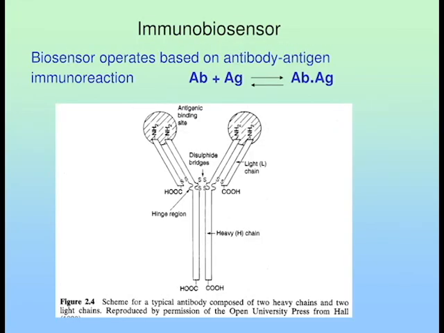Take note, usually antibody is represented as the Y, is it correct? The antigen, Ag, is the small bit. The antigen could be something from our body, a biomarker for a disease, or a toxin from the environment, things like that.